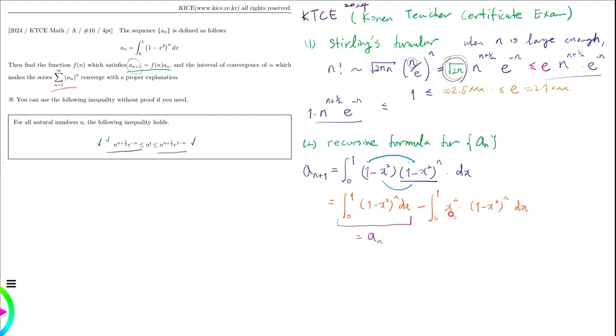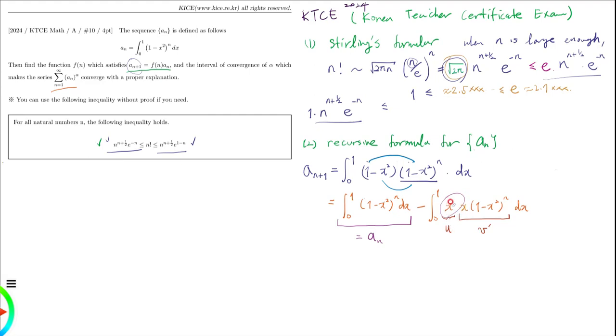For the second term, instead of x squared, I want to rewrite x times x, x twice, because I want to use integration by parts. This part is a function whose antiderivative we know, and the x is some function u.